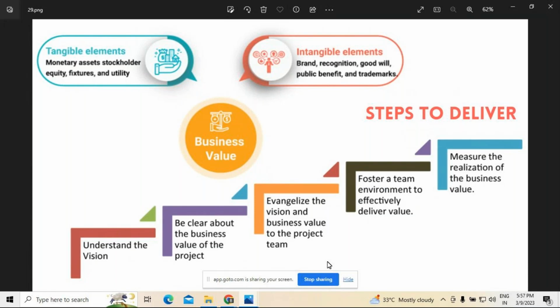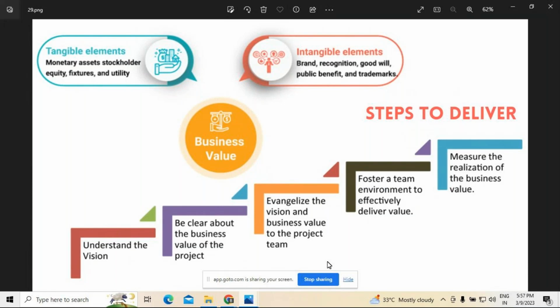Whenever they are trying to identify the MVP from the product manager or owner point of view, or whenever we are giving some story points for a particular user story, of course we don't discuss the vision, but we have to consider the business value as one of the key elements. I don't say business value is the only element for us to develop something, right?